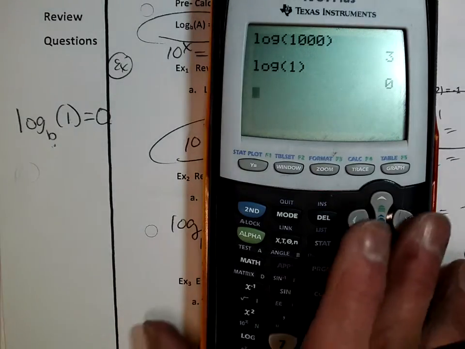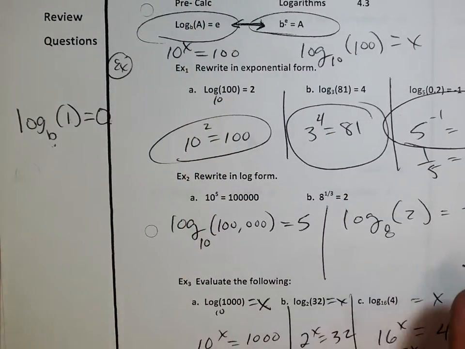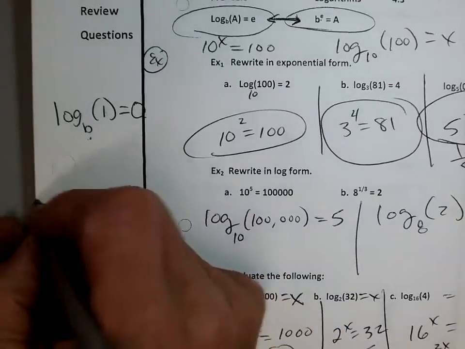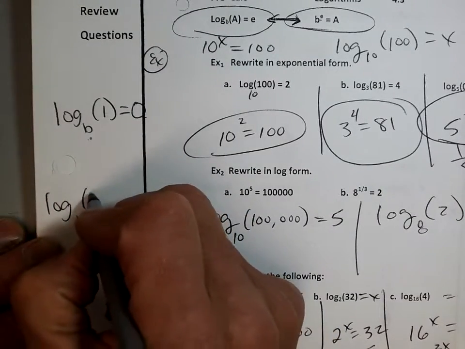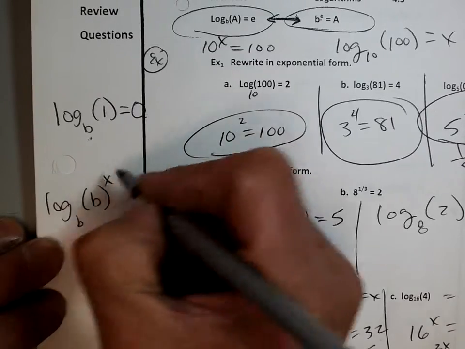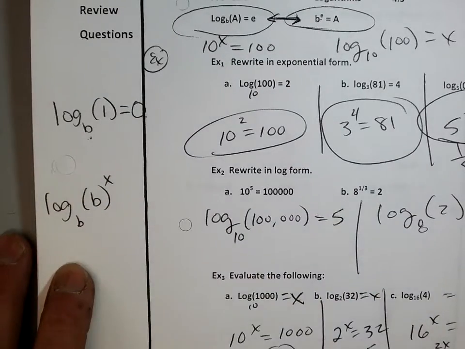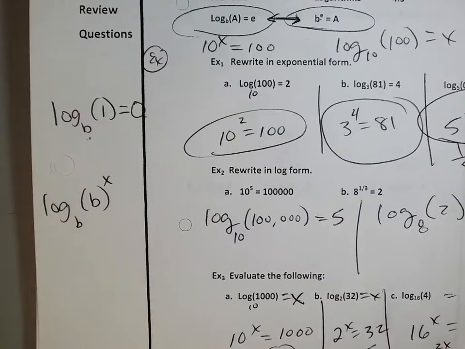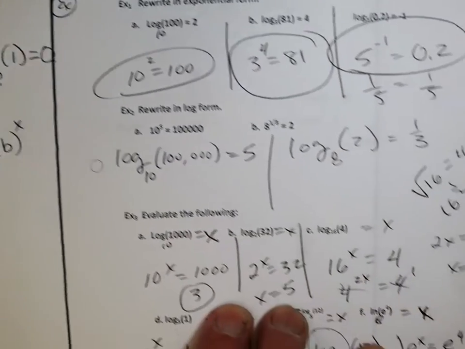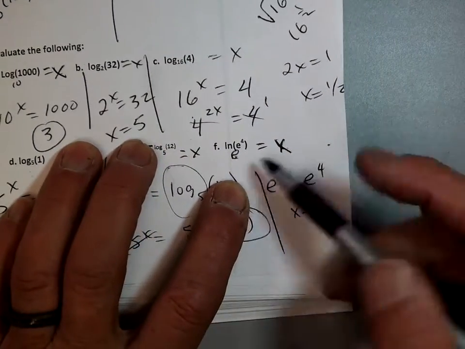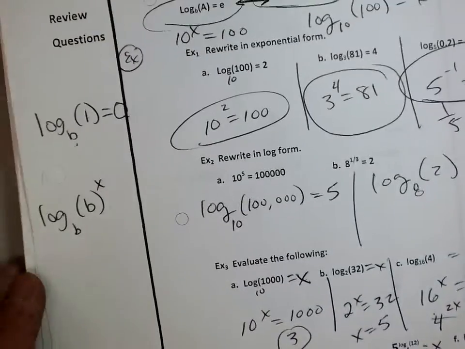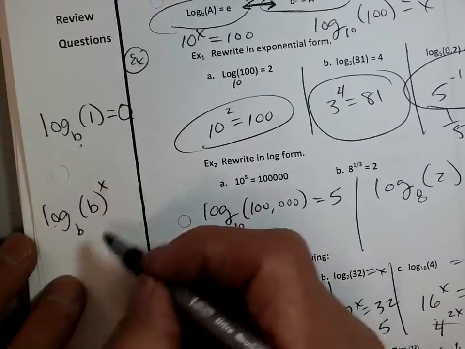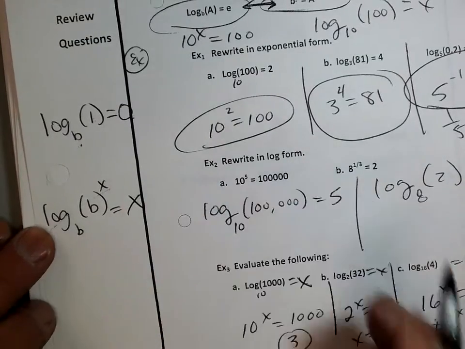Okay. Now let's learn another rule. If I have log of any base to that base to the x power, that's got to be the same numbers. Same base, to the answer, these in a sense cancel each other out, and you're just left with x, okay?